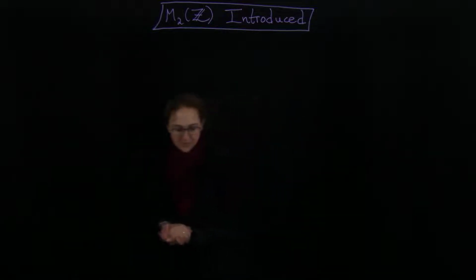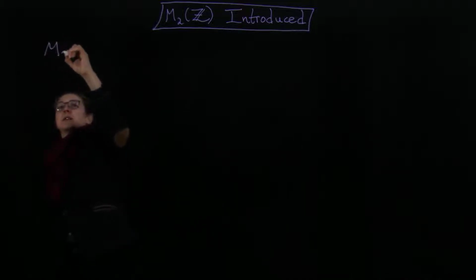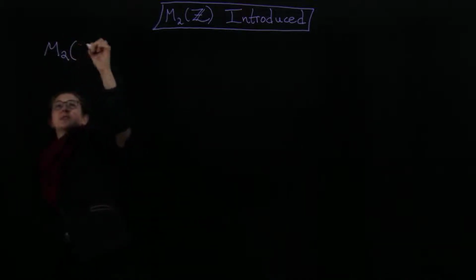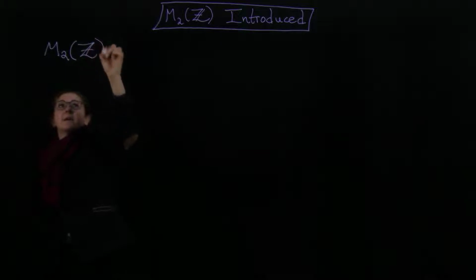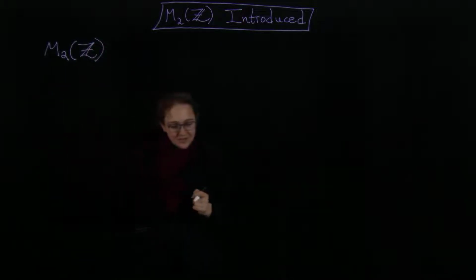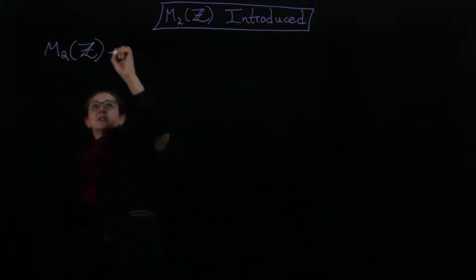Okay, so what is this? The 2 tells me 2 by 2 matrices, and the Z is for the integers, which tells me that my coefficients have to be in the integers.